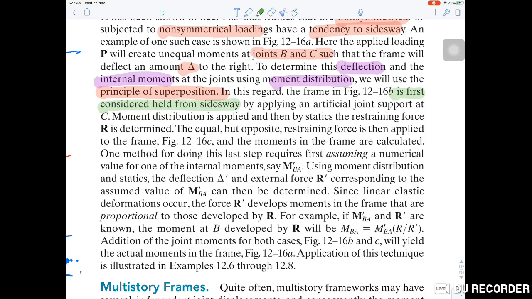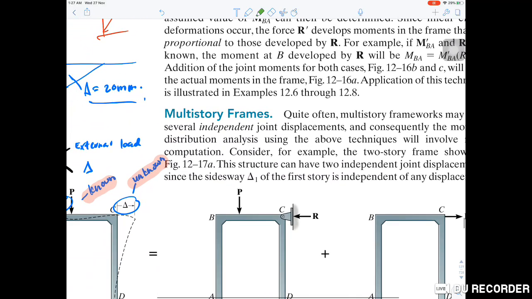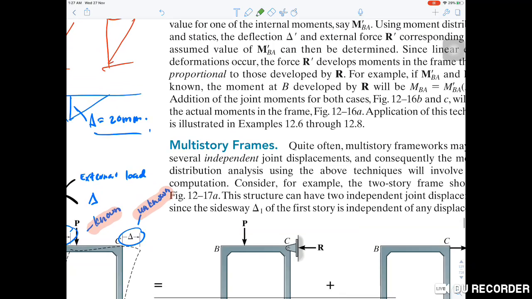This is properly restrained by applying an artificial joint at support C, because we know that in the original frame the frame tends to sway to the right direction, so we have to put an artificial joint at C. Artificial joint means we can put a roller or a pin in order to bring R together with the support, because R is the restraining force.